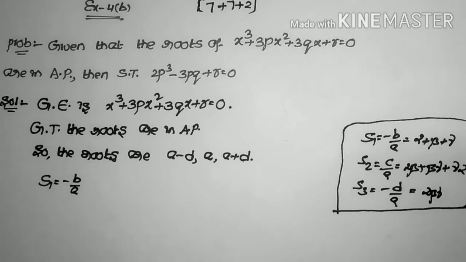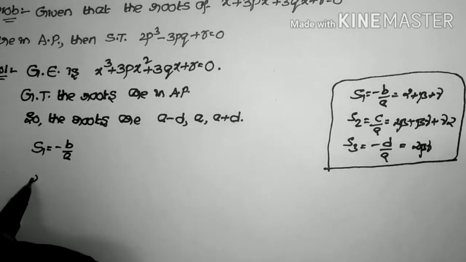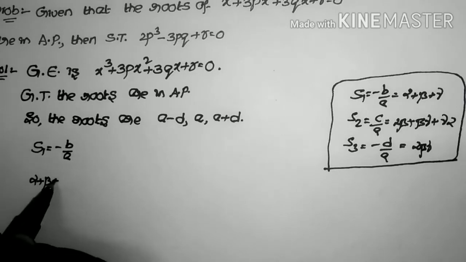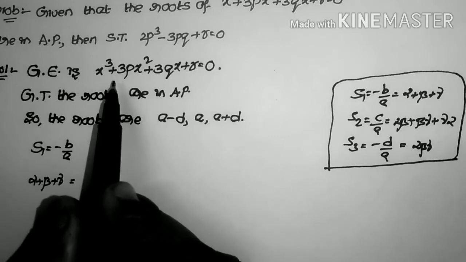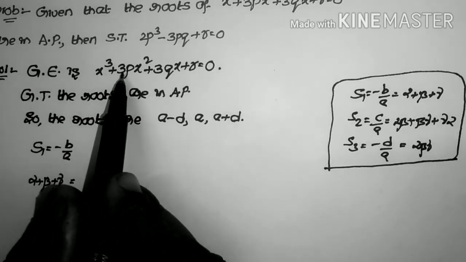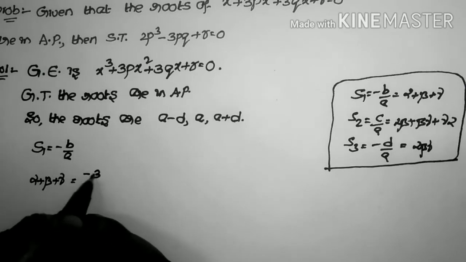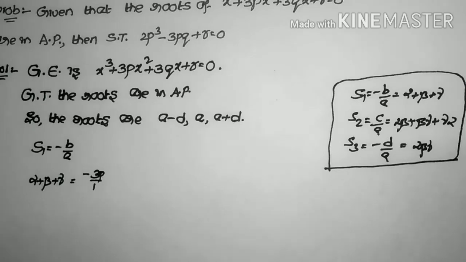So, first I write the first formula. S1 is equal to minus b by a. And what is S1 here? S1 is the sum of the 3 roots, that is alpha plus beta plus gamma, which is equal to minus b by a. What are the a, b, c, d values here? a is equal to 1, b is equal to 3p, that is minus 3p by 1.